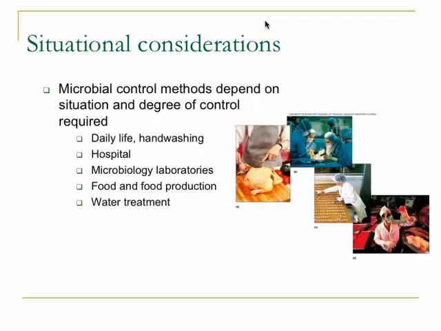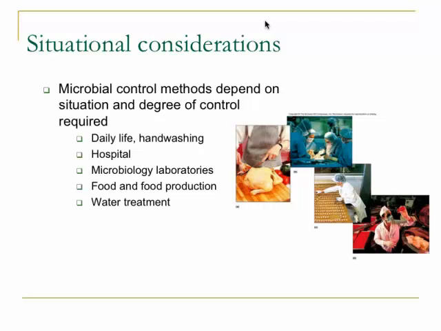Now, the level of control is one thing to consider when you're choosing a method of control, but the situation is also important. You may not be so concerned about reducing the level of microbes in your daily life, except for maybe in the kitchen.